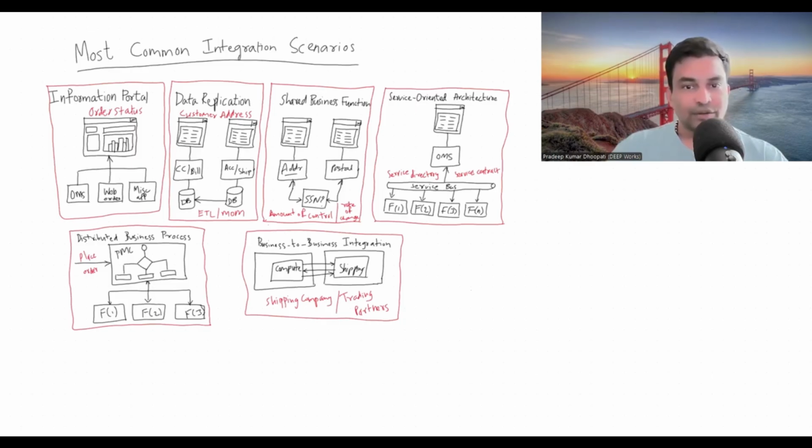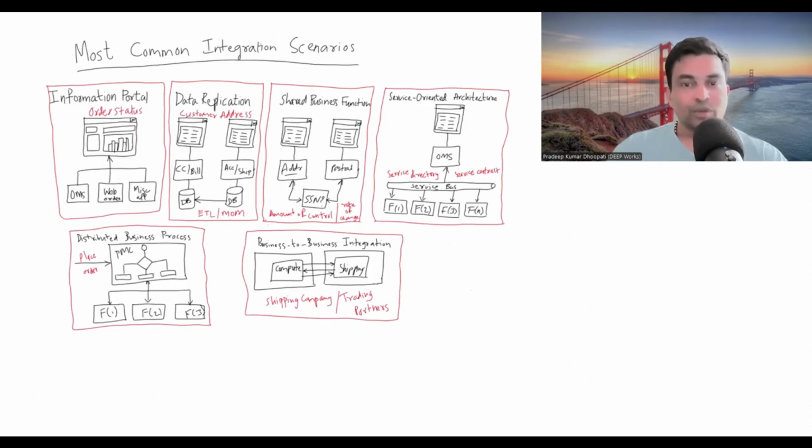However, the other systems should also have the updated address. So in these scenarios, we will go for an integration approach called data replication, which will use any of the mechanisms to get the data from the customer care database in this case and update in the other databases like accounting or shipping or billing and things like that.